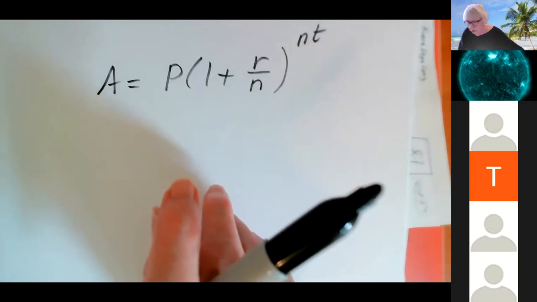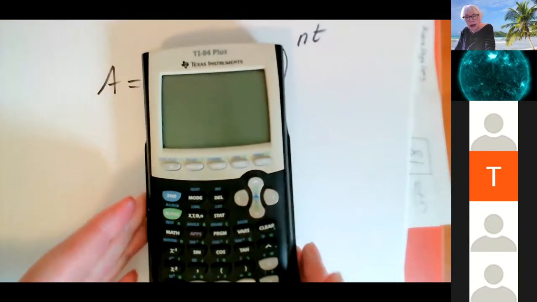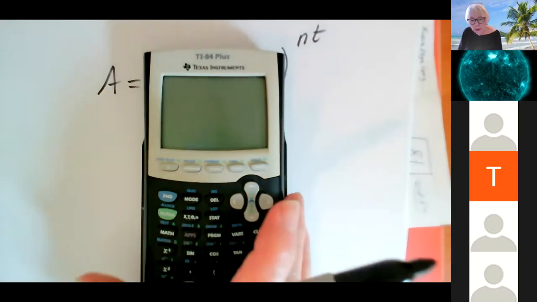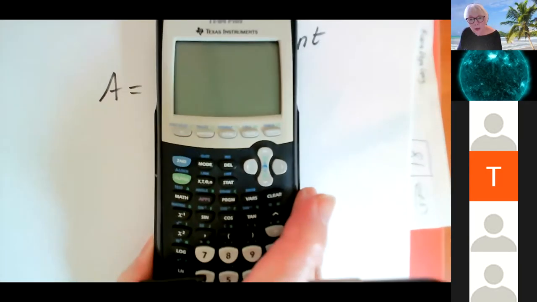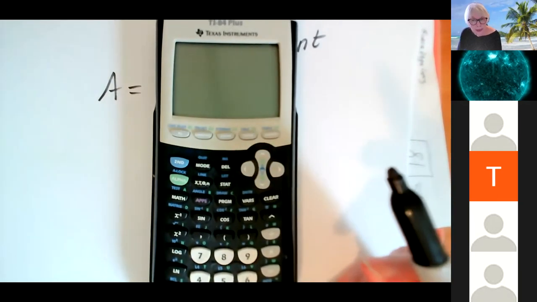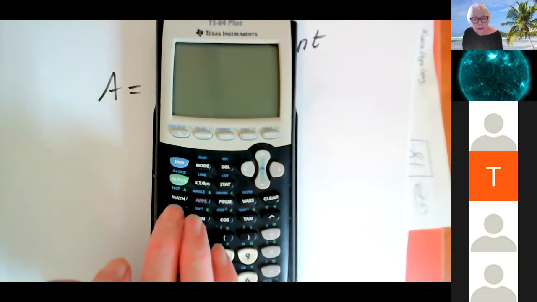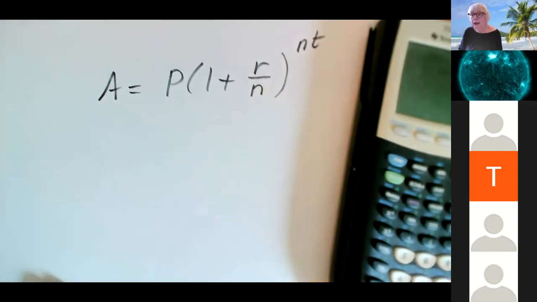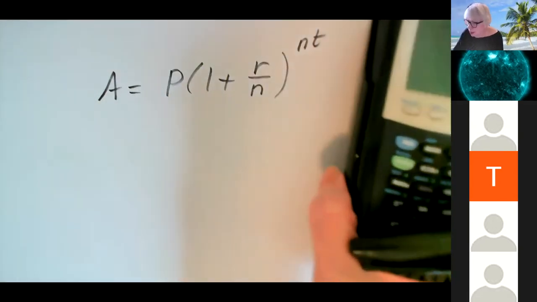I actually have a TI-84. It literally will do all this compound interest business. And so we may work at it a little bit more. But this is the basic formula, and I think we're pretty much out of time today.